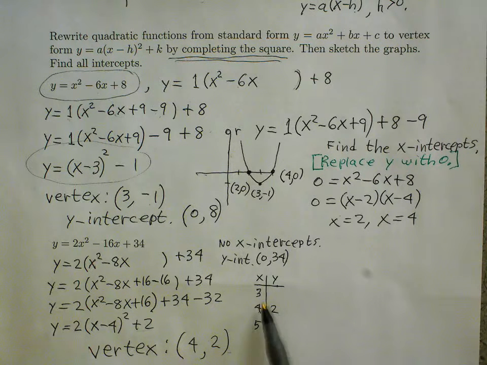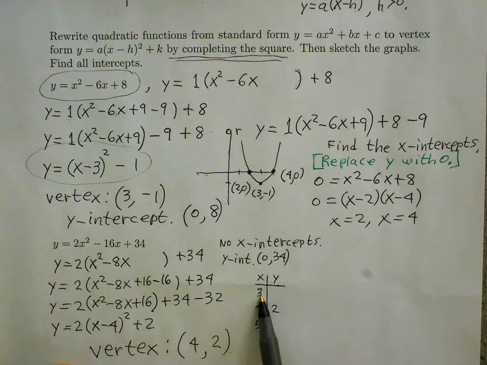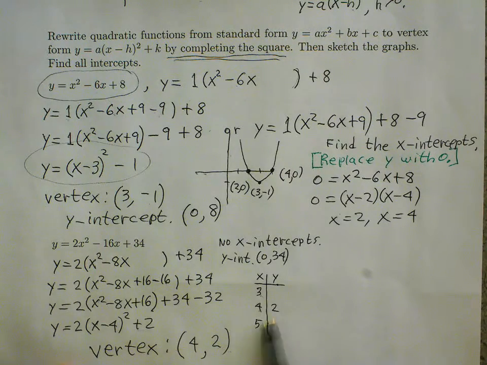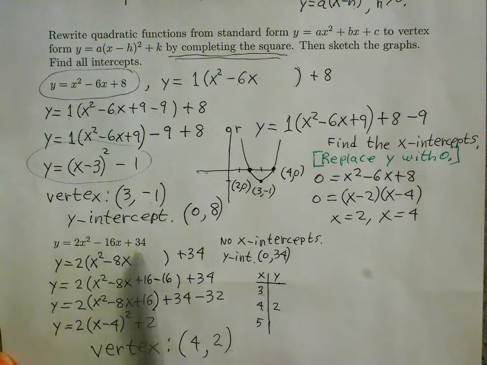Since I chose 3 and 5, by symmetry, whatever the y-coordinate is that goes with 3 will be the y-coordinate that goes with 5 also, because we have symmetry. Okay, so let's find the y-coordinate when x is 3. We can use the standard form or the vertex form.